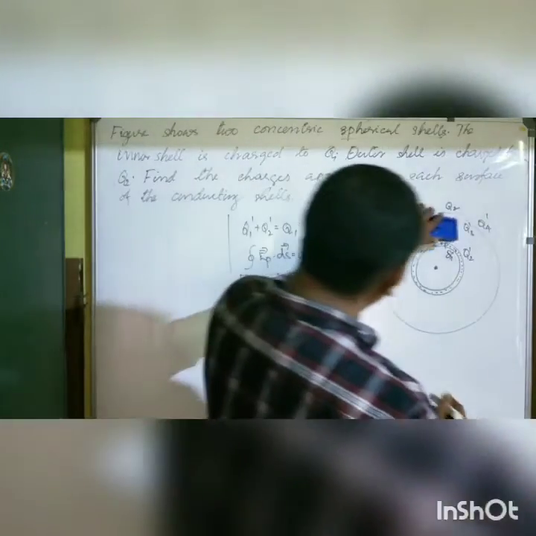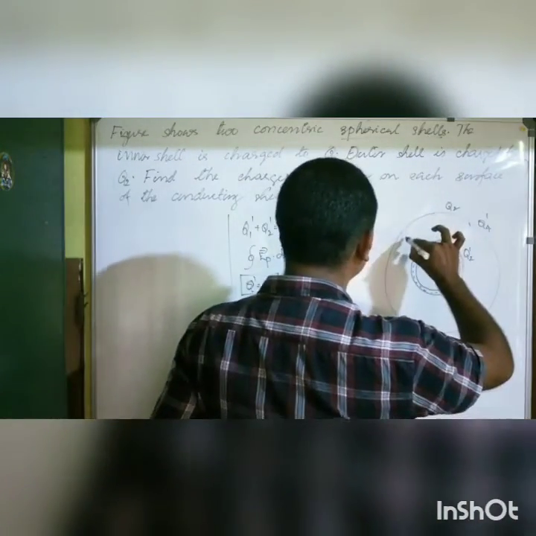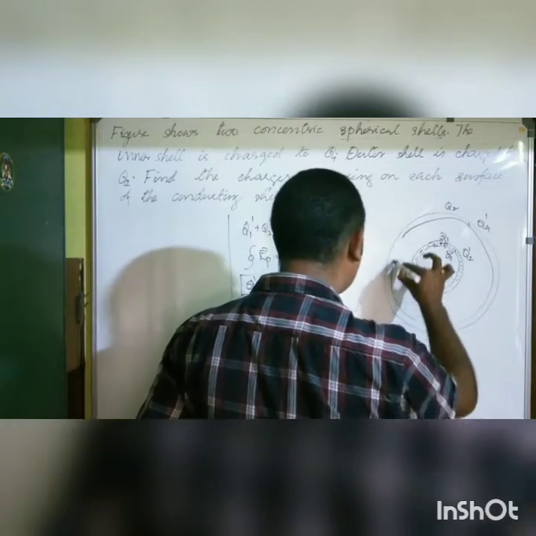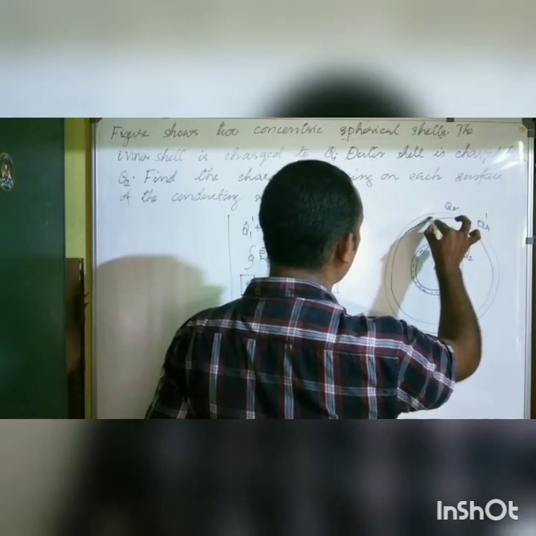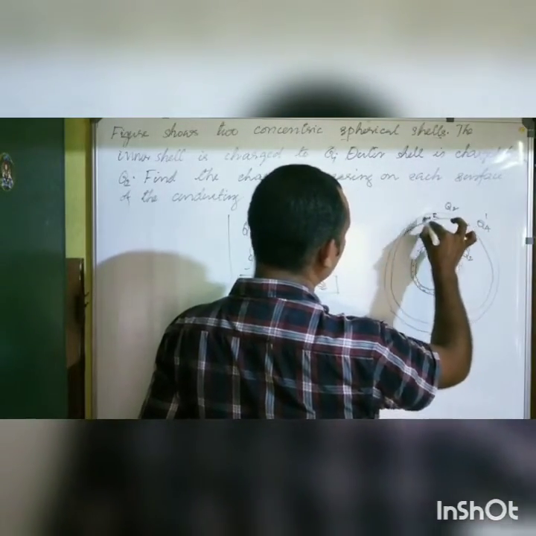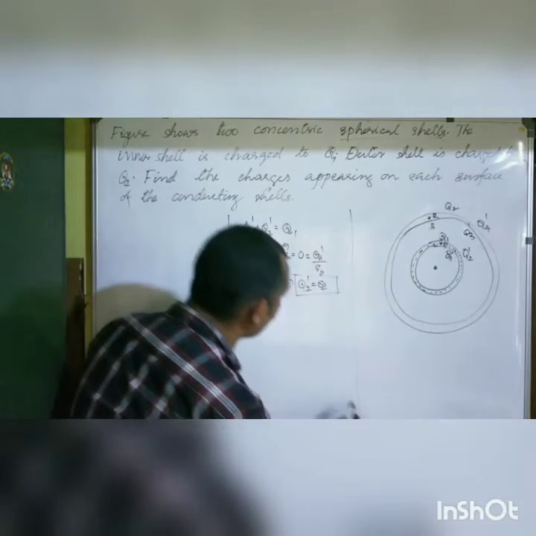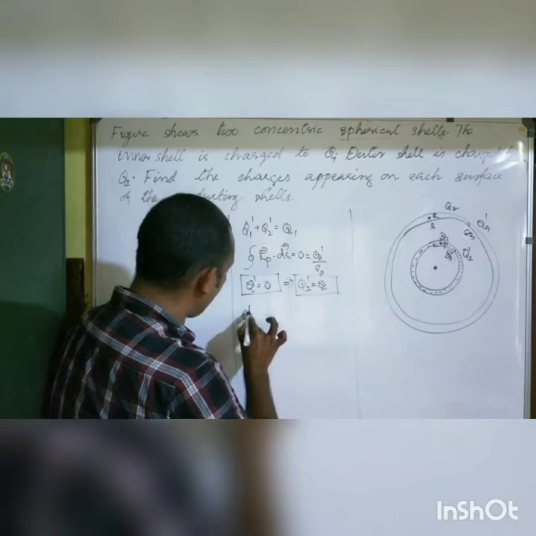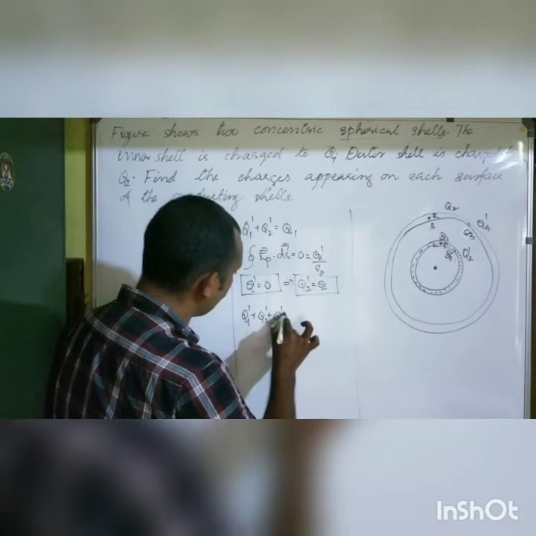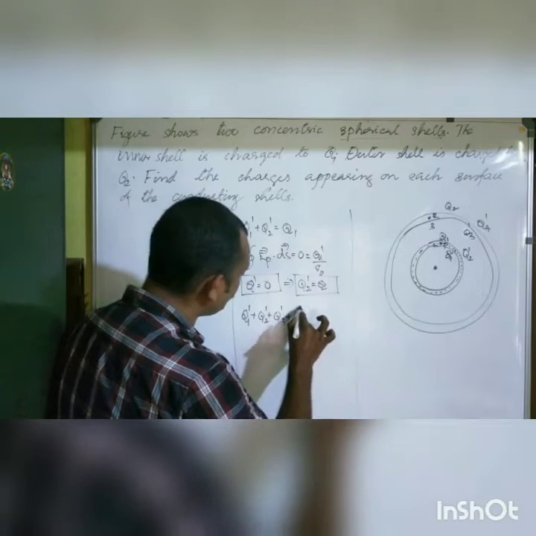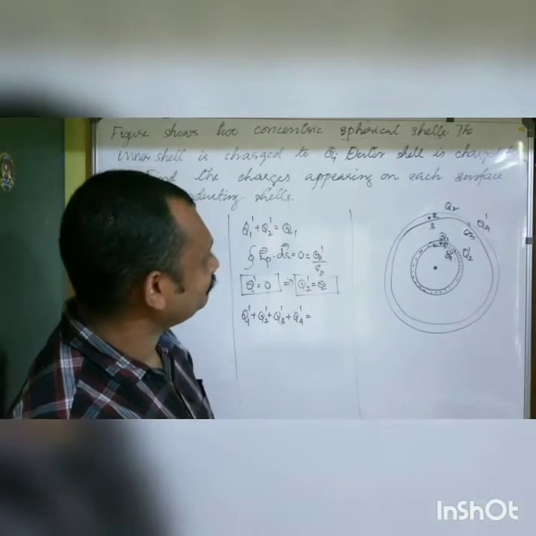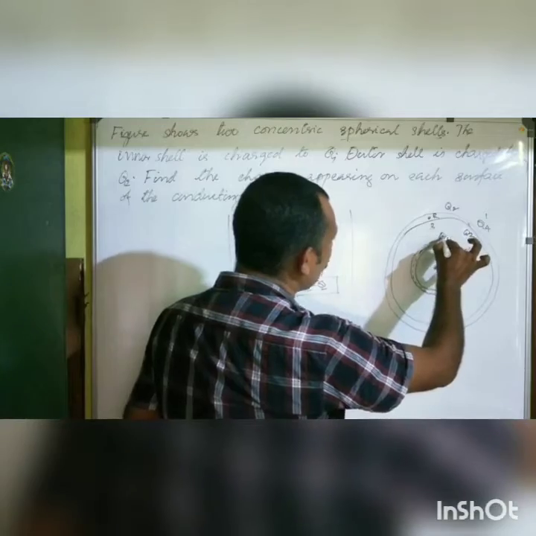Now taking the next surface, again I am making it sufficiently thick. This is surface 3. Again I take a point R here. This charge is Q3. Using the conservation of charge, Q1 dash plus Q2 dash plus Q3 dash plus Q4 dash is equal to the initial charge on the system. The charge given to this was Q1.